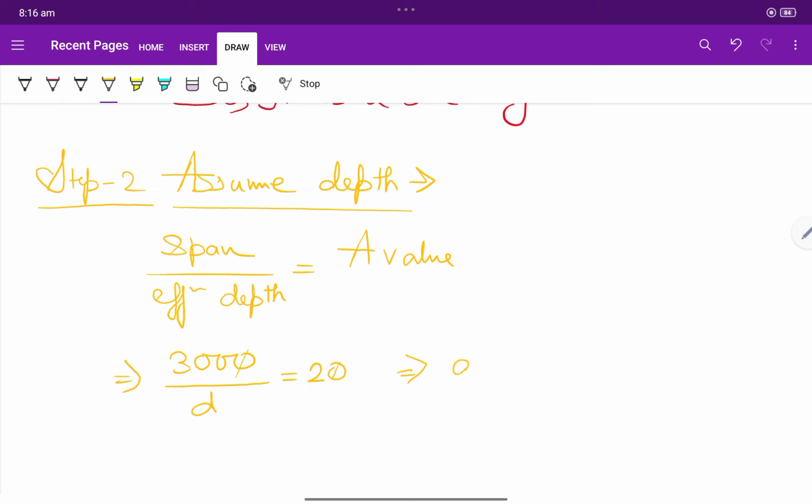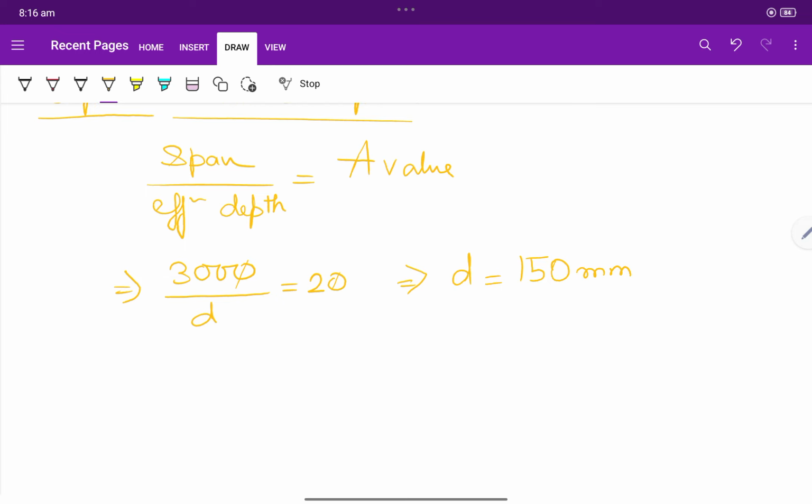It's coming to 150, so d is equal to 150 mm. Now we can calculate the capital D, because the cover is given in the numerical as 25 mm. So the capital D will be small d plus cover: 150 plus 25 is equal to 175 mm.